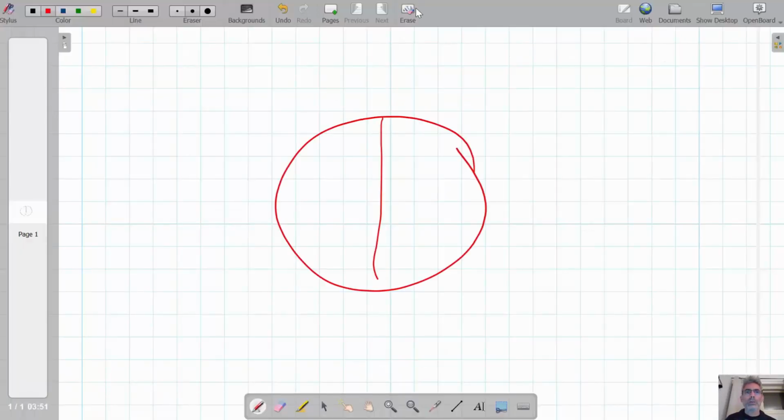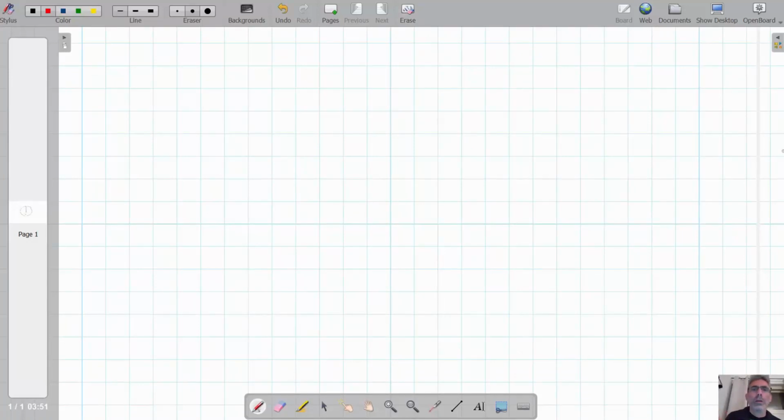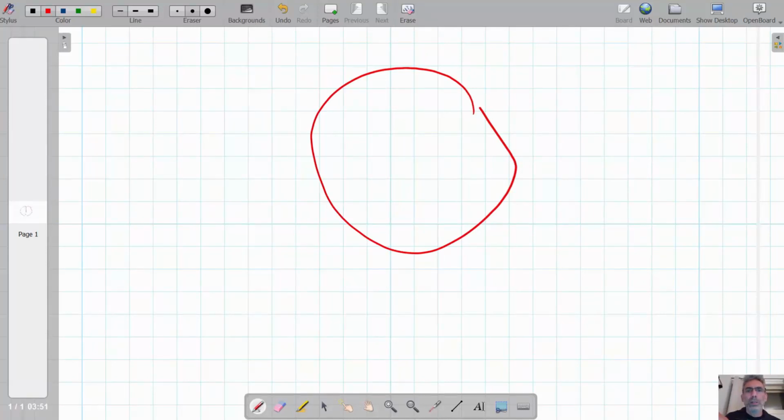Okay, so we need to divide the pizza into 10 slices. Let's see, it's 4. No. Forget it.